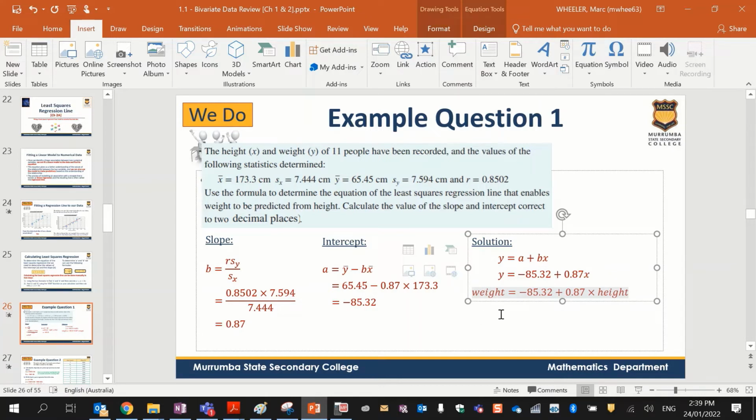We could say 70 equals negative 85.32 plus 0.87 times height, and then we have to start moving things around and solving using inverse relations to find that answer, okay? And that's on predicting, which we'll show you shortly. So that's all you have to do. You have to just find B, A, and then write down the equation.